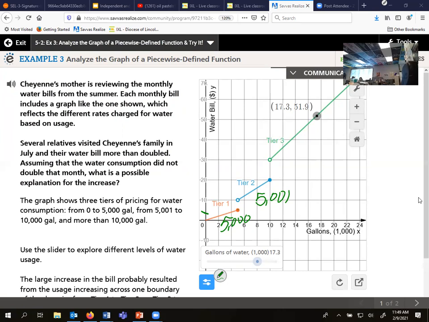And it doubles just like that. 1 gallon costs $5 extra. Okay, so they may not have had to double their usage to have to pay twice as much. They tend to be like the more you use, you might get charged a little extra.